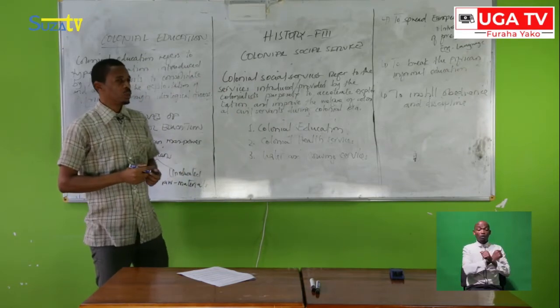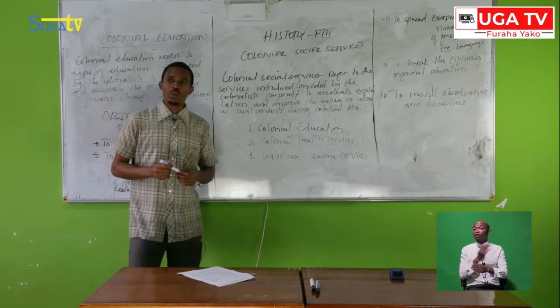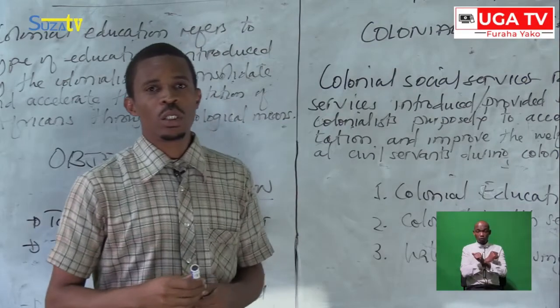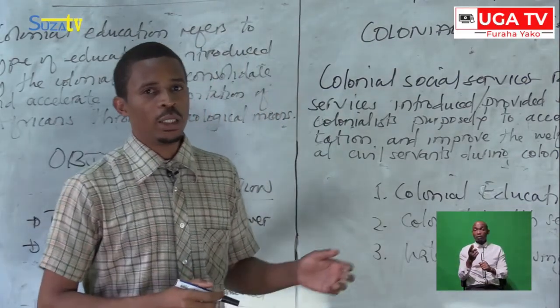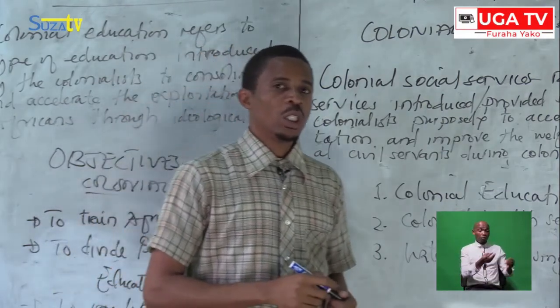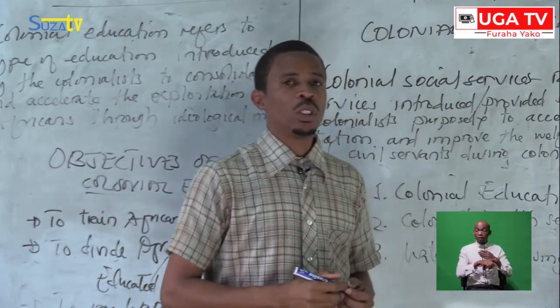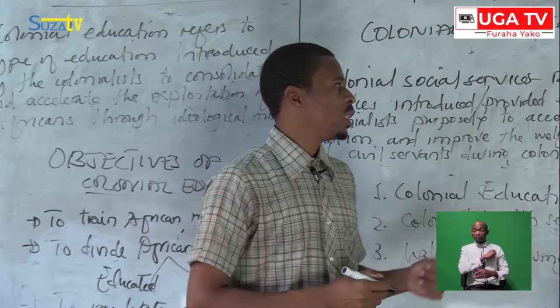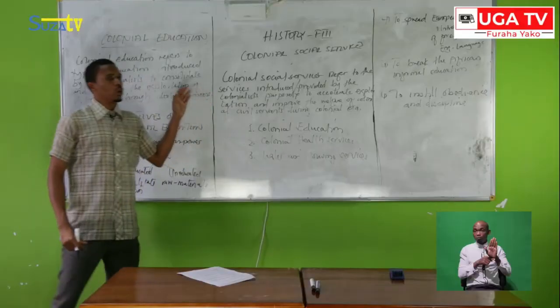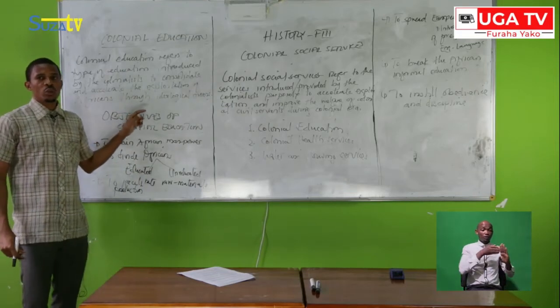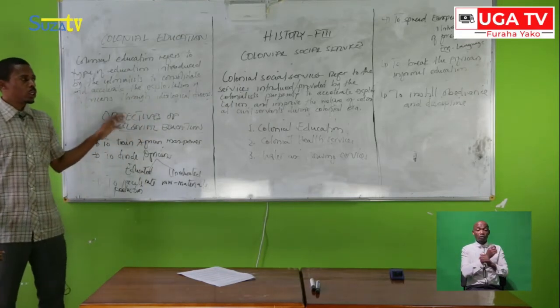The Africans, before the coming of colonialism, were seen as uncivilized people. That's why the whites came with education to instill obedience and discipline in the Africans. So these were the objectives of colonial education.